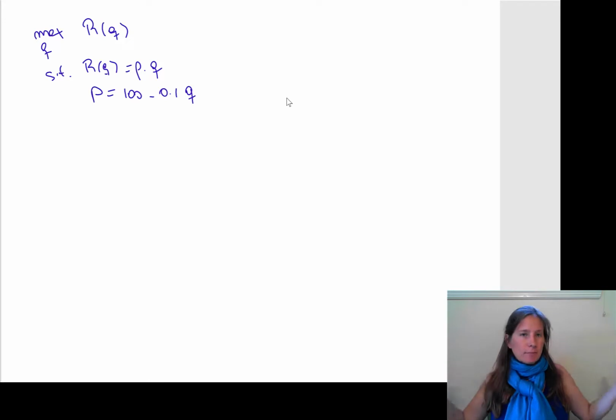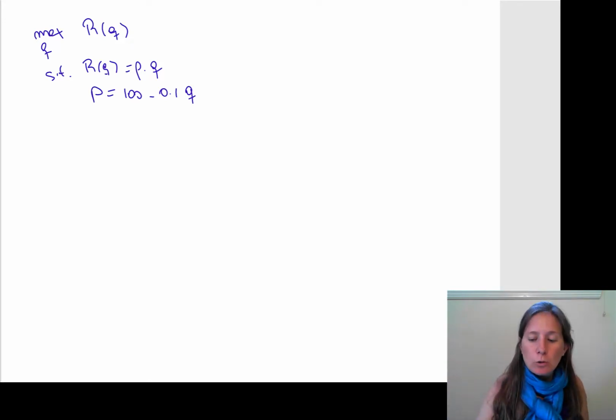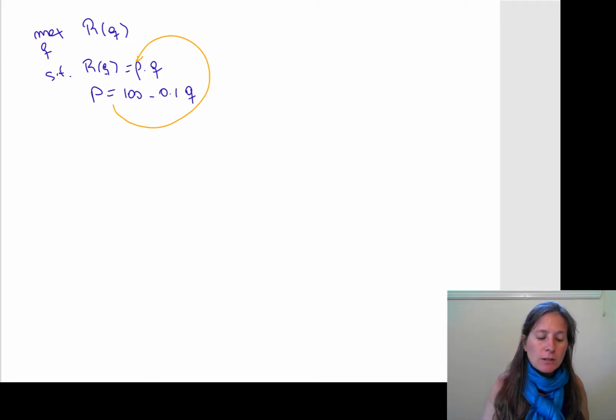Now, this looks like an ugly problem, but notice that we can make it into a problem of one variable, because we can plug in the P here, and once we have revenues as a function of Q, we can plug them here.